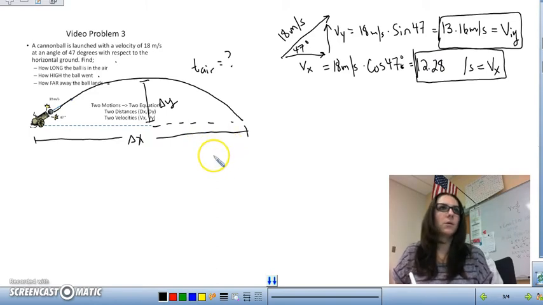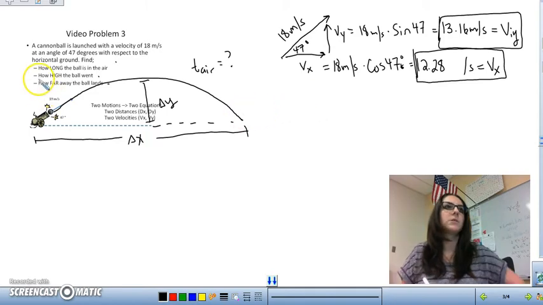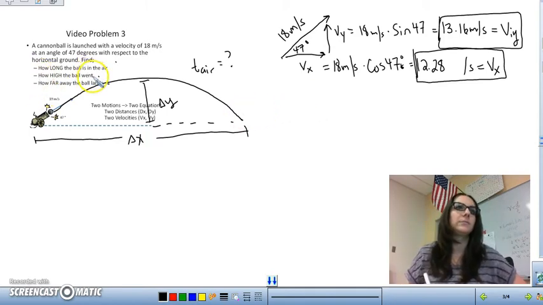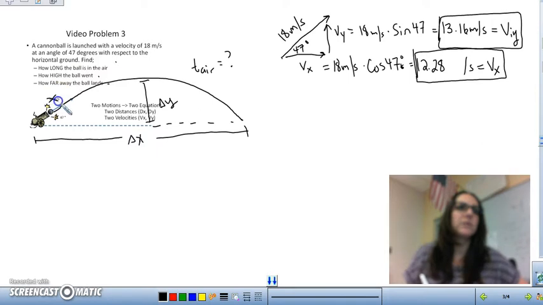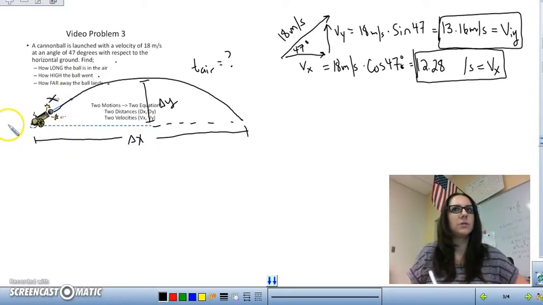Okay, so now that we have some information, let's start off with how long the ball is in the air. And remember, we're not going to use this 18 anymore. That's not useful. So I know the initial velocity of the y is 13.16 meters per second, like that. And I know that my final point, if it ends and starts in the same point, is also this value.